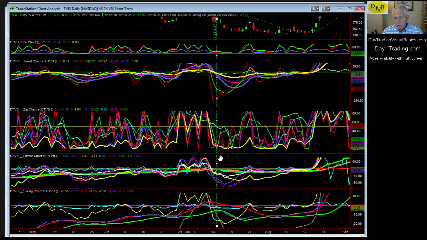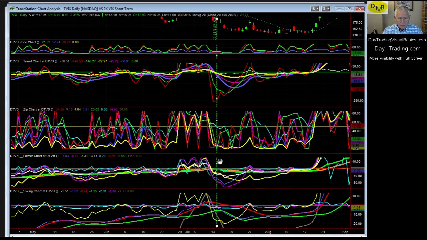And in this case here, zip pink was at 9, and your blue was at 6, the yellow was at 6, zip gray was at 8, zip red was at 22. So it didn't qualify for next day up under the parameters of a pink-green bottom.